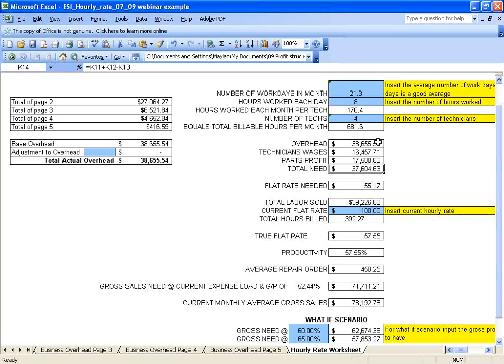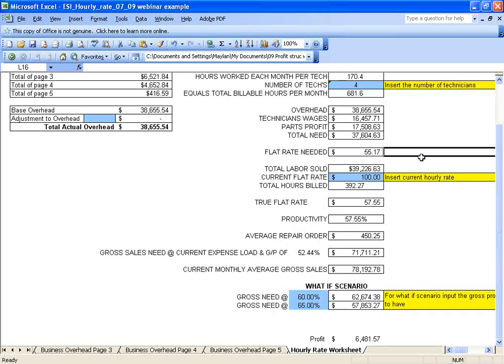What we do is we take the overhead, add in the technician wages, subtract the parts profit, and we come up with our labor needs to pay $37,604, which means if we divide this number, 37,604, by 681.6, our hourly rate should be $55.17.